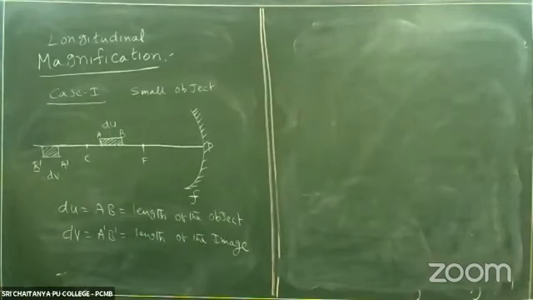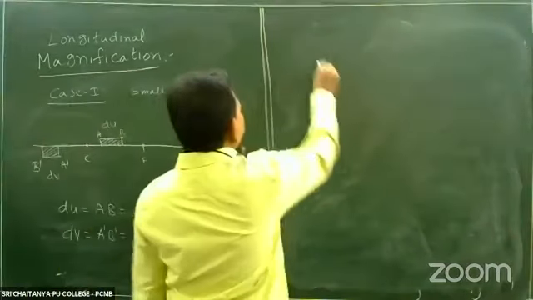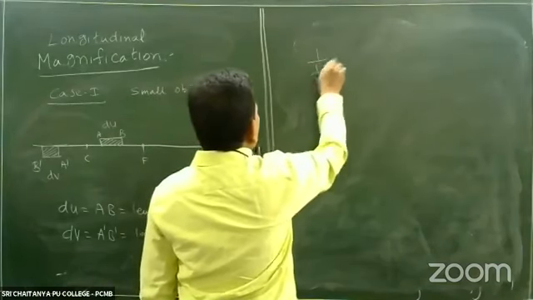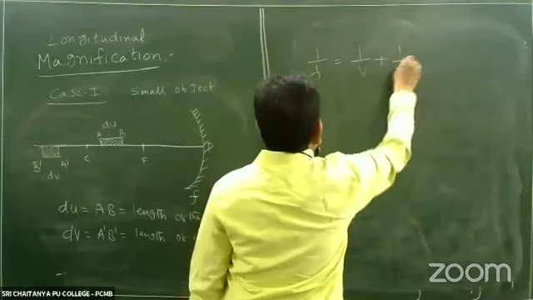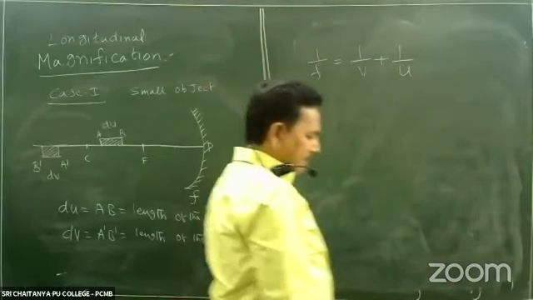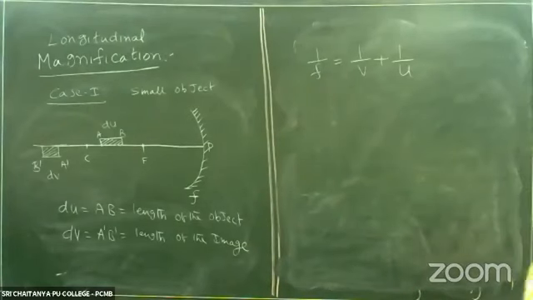We want to find the length of the image. So for the longitudinal magnification, take the mirror formula: 1 by F is equal to 1 by V plus 1 by U. Mirror formula.